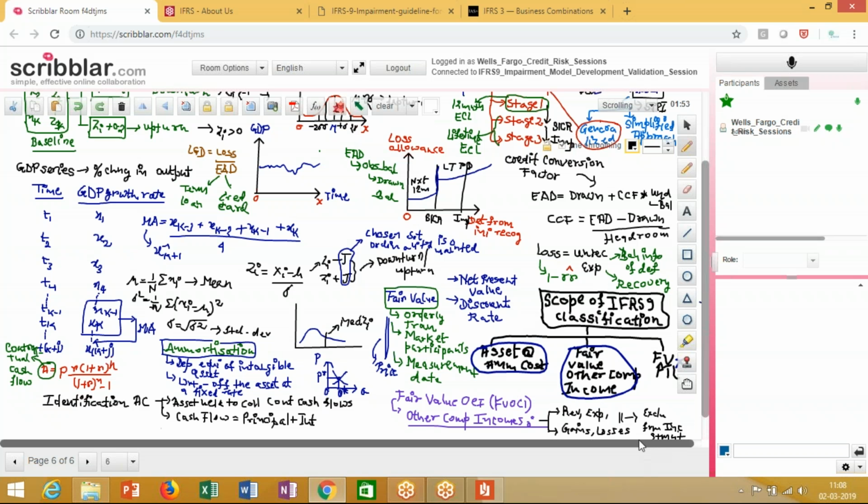The next part that we are going to take up is what types of income fall under this.